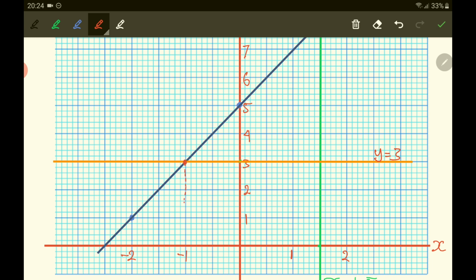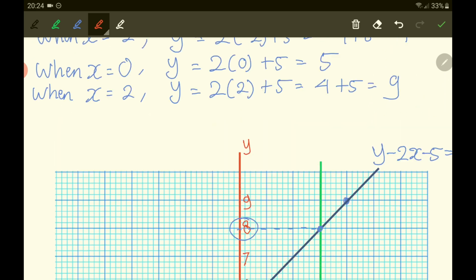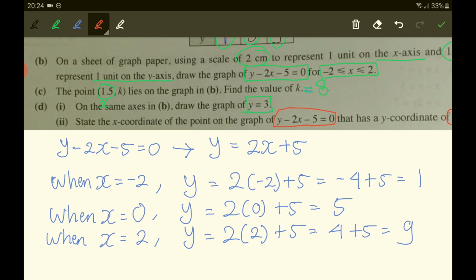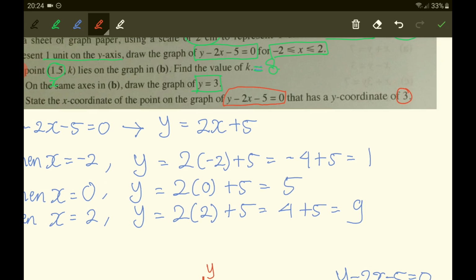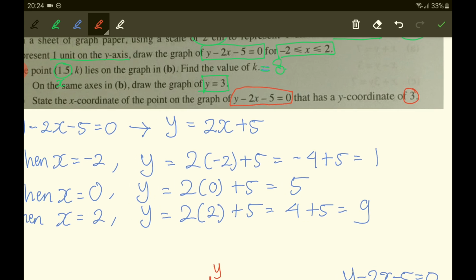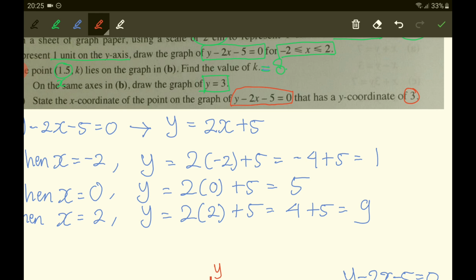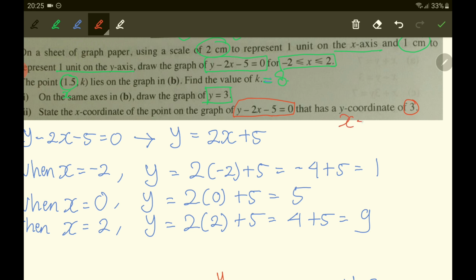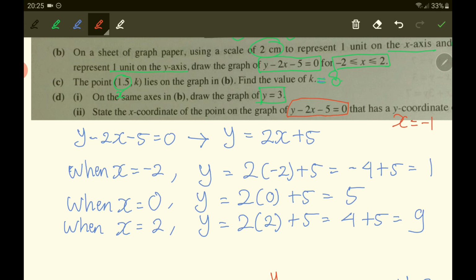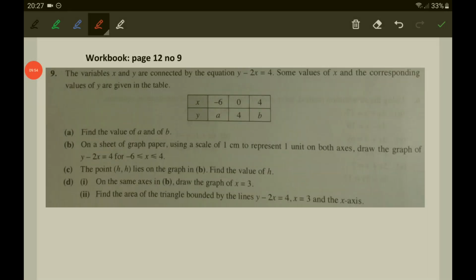We can go down here and find that x is equal to minus 1. So the answer for D(ii) is x equal to minus 1.